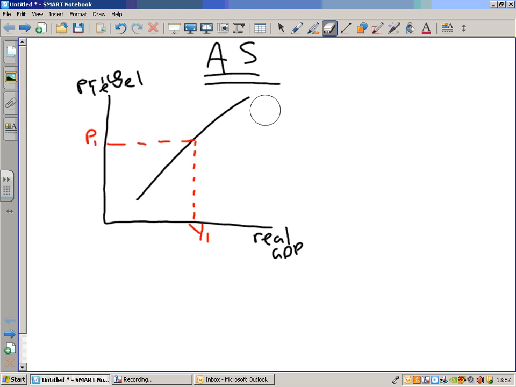What I'm going to assume first of all is that we're looking at a short run aggregate supply curve. This can shift immediately in the short run, and this will shift as business costs change. So a shift in this is linked to a change in business costs.